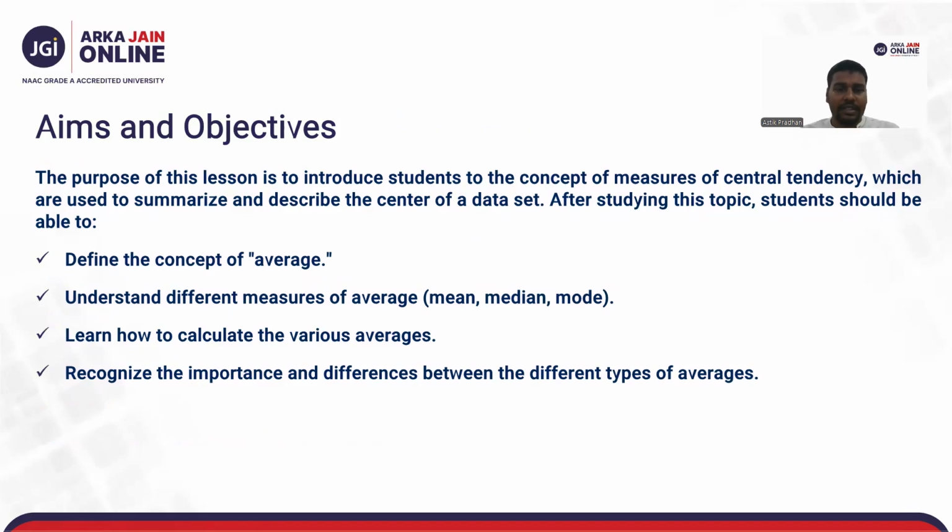So the purpose of this lesson is to introduce students, or you learners, to the concept of measures of central tendency, which are used to summarize and describe the center of the data set.